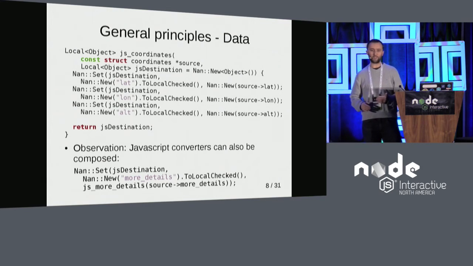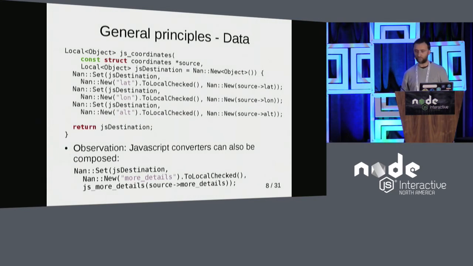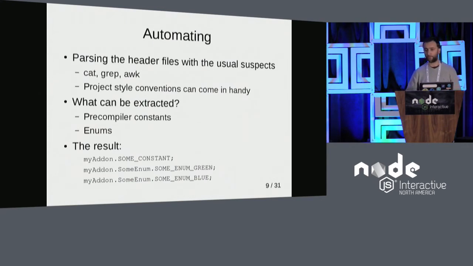So to cover both cases, you can use this C++ default parameter thing, where if the parameter is not specified, then you just create a new one. This only works in C++, but that's okay because we're dealing with that. And these converters can also be composited, right? You can just call the helper function which converts the smaller structure, and assign the result to the bigger structure. And so your code looks really neat that way.